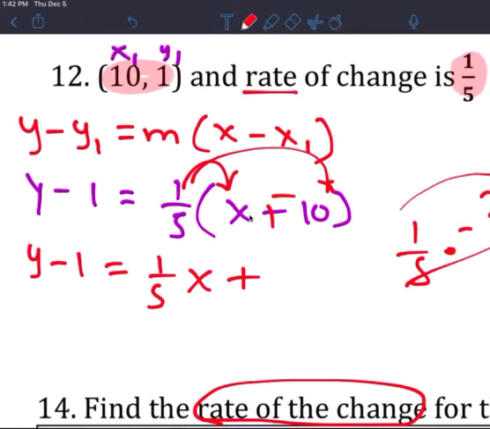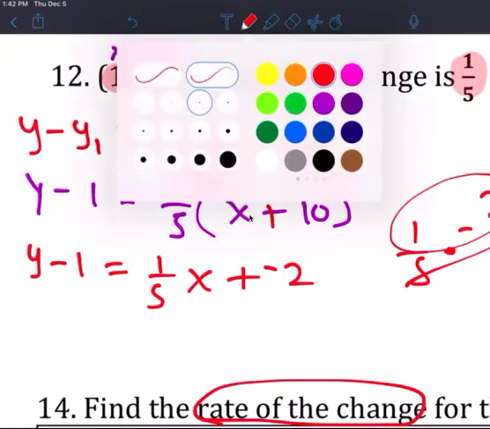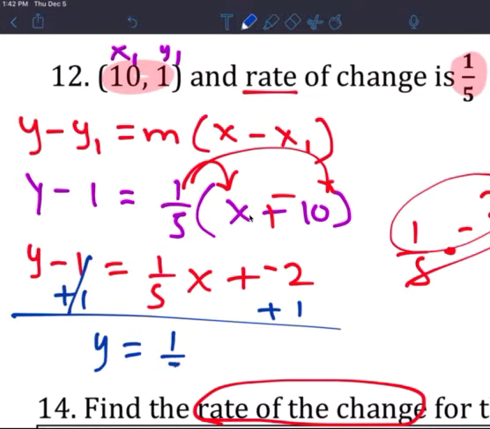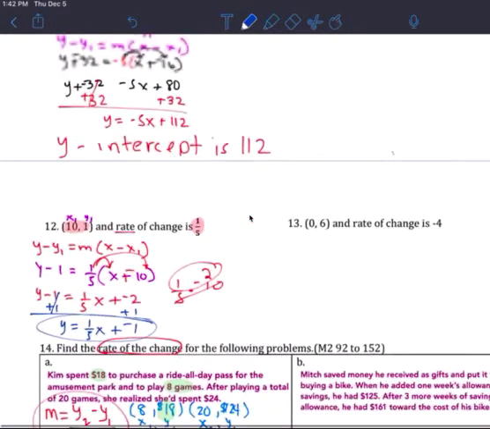Goes in twice times 1 is negative 2. Okay, now make 0 to the y side. Transfer there. Okay, and number 13.